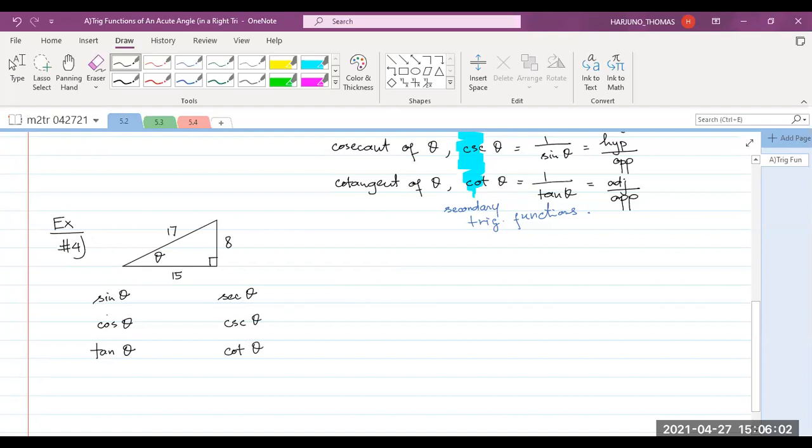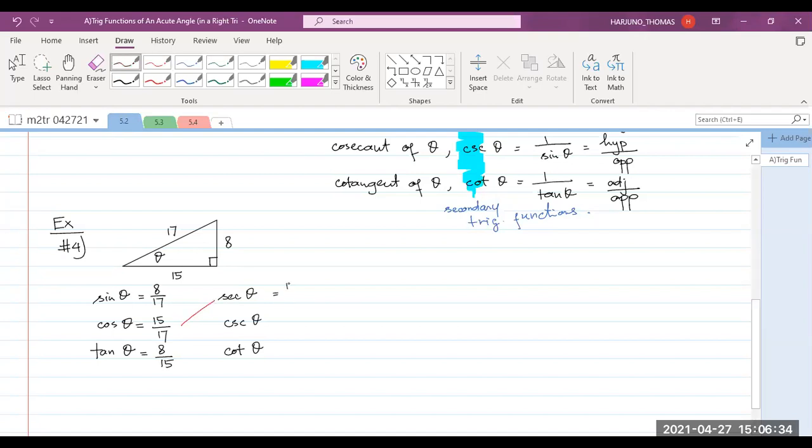Now, sine theta is the opposite of theta, which is 8 over the hypotenuse. Cosine is the adjacent over the hypotenuse. Tangent is opposite over adjacent. Am I okay? I somehow feel I'm a bit too fast. Now, secant is the reciprocal of cosine.